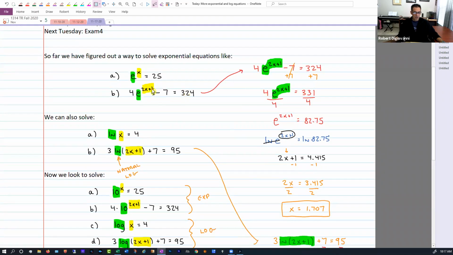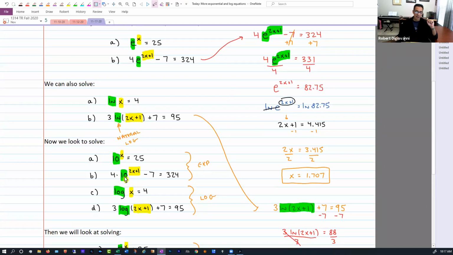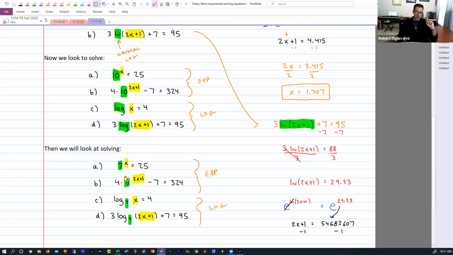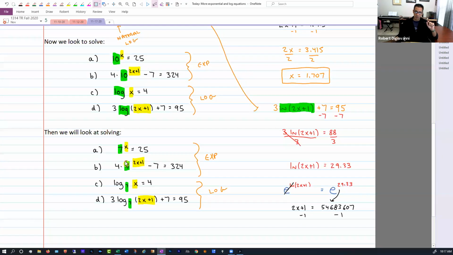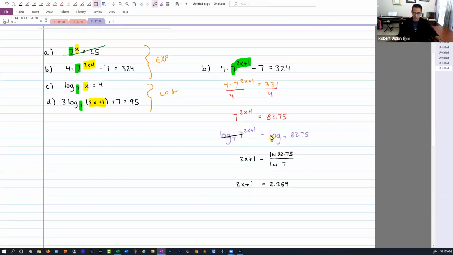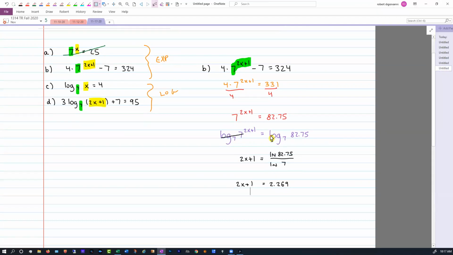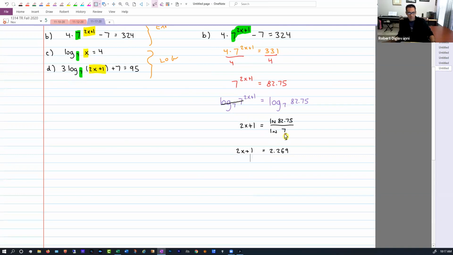When we're solving equations like this, if we see e here, we're going to be using the natural log. If we see a 10, we're going to be using the LOG button. If we see any other number other than e or 10, we have to use this change of base formula. Does that make sense? Oh, okay, yeah. Thank you. No problem.